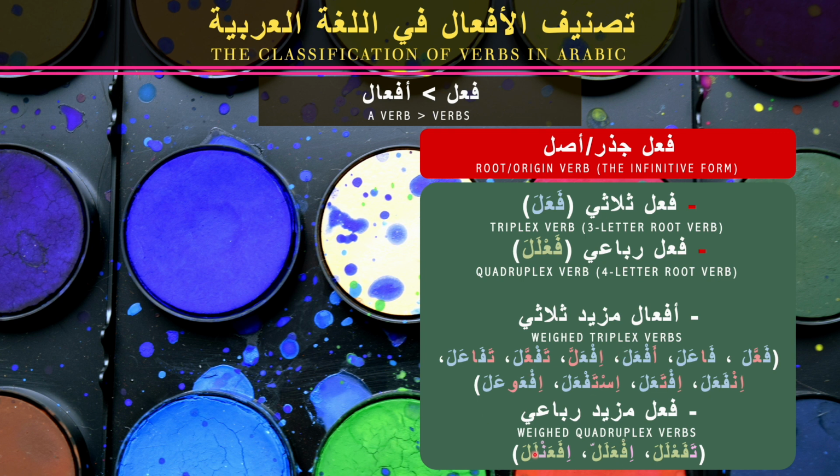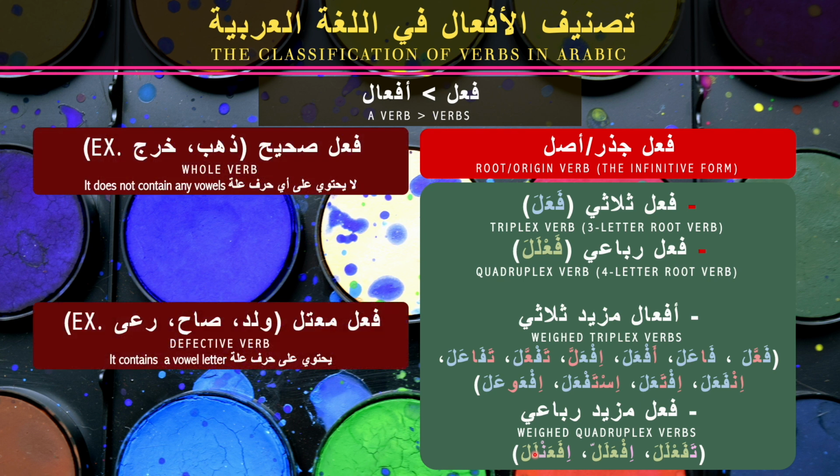Okay, this is just a very general idea about how the infinitive formats are in the Arabic language. After that, it's so important to understand if the verb, either triplex or quadruplex, is a whole verb or a defective verb. I know it might seem a little bit ambiguous and not clear what that means and why this is important.